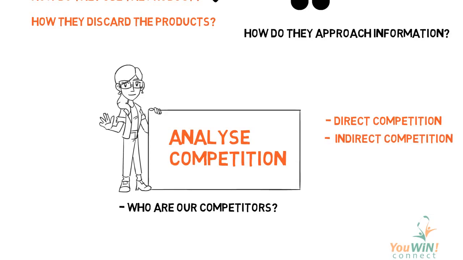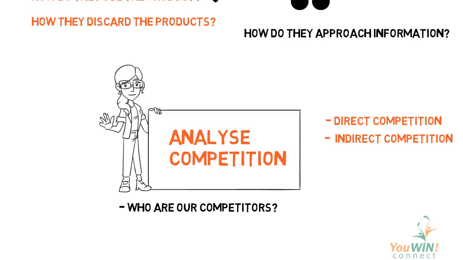Indirect competition is when the customer uses their budget to do something else. For example, customers decide to do business with replacement products, or use the funds that they have to buy your product or service to do something entirely different.